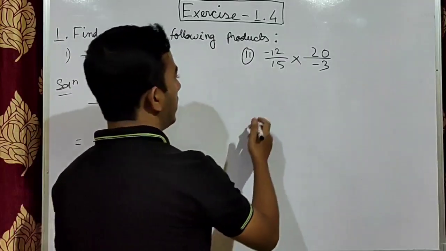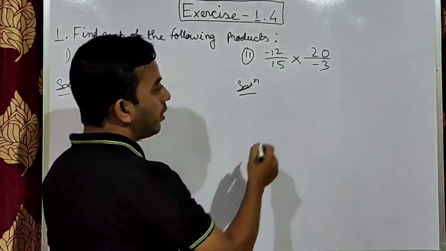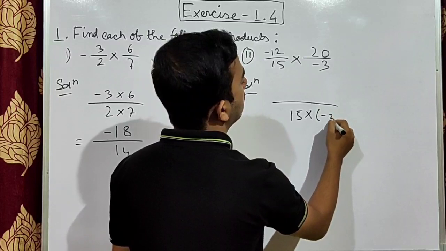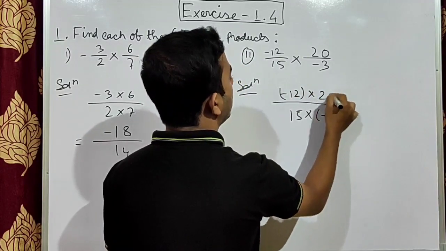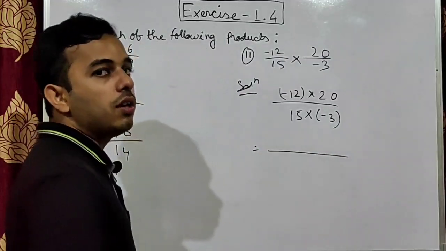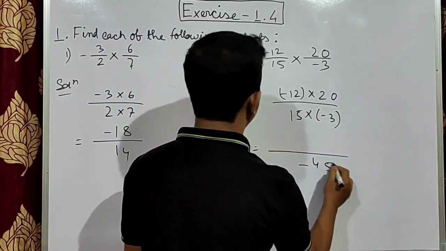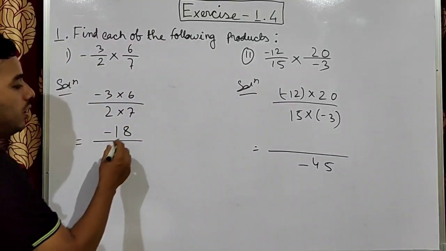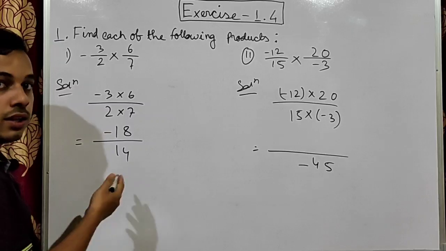Now let's come to our second one. Here also we have to multiply numerator with numerator and denominator with denominator. So 15 into minus 3, then minus 12 into 20. Now 15 into 3 is 45. So 15 into minus 3 is minus 45. Okay, look, one thing more. Here we can simplify it more, that is, we can cancel.